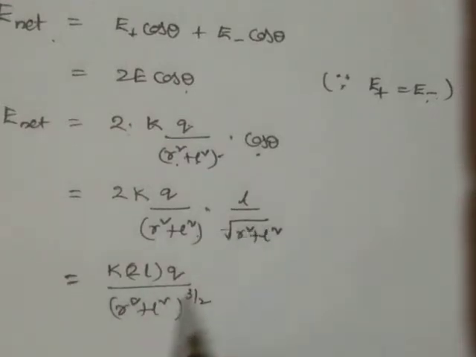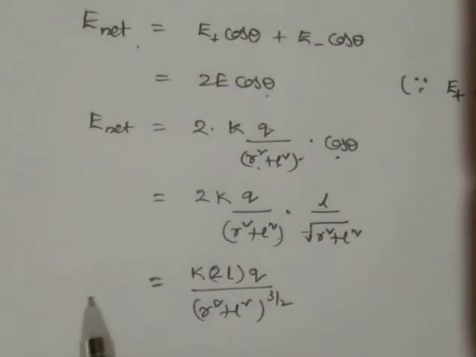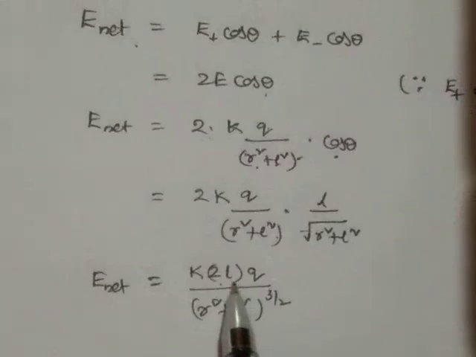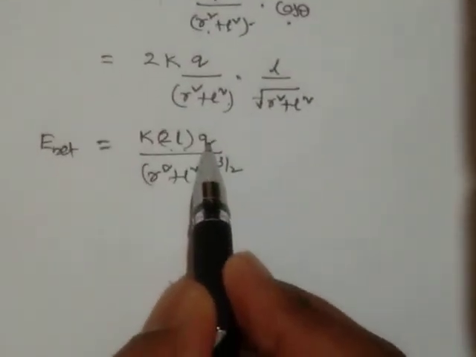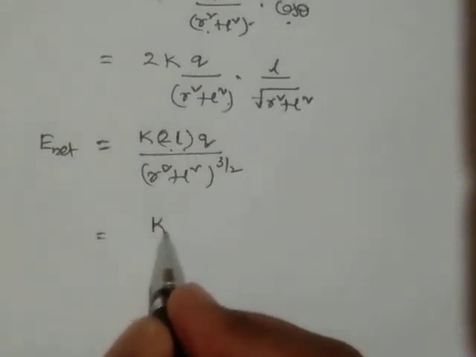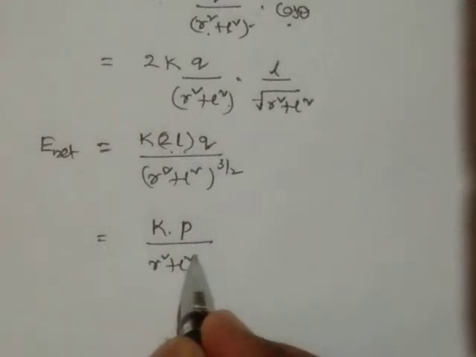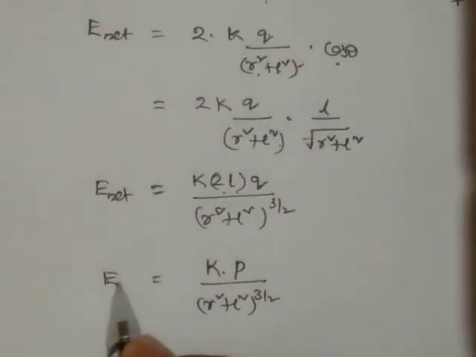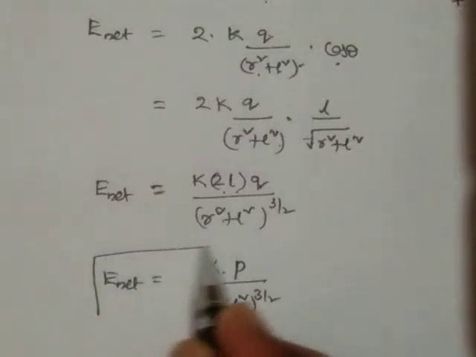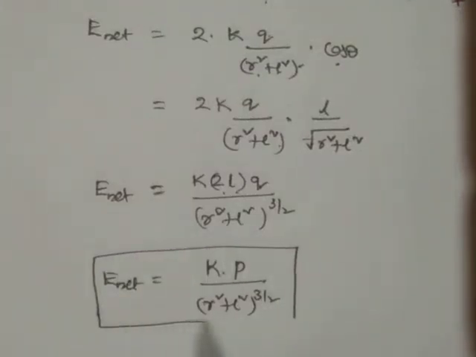This is 1 plus half, that is 3 by 2, that is E net. Then what do you mean by this length of the dipole into charge? We can rewrite this as the dipole moment. So this is nothing but K into P by R square plus L square whole power 3 by 2, the generalized expression for the field intensity on the equatorial line.